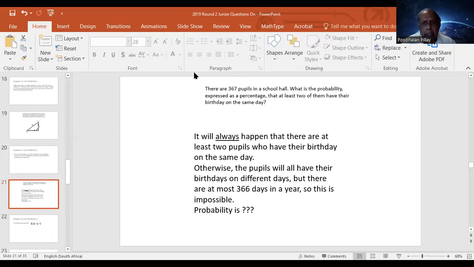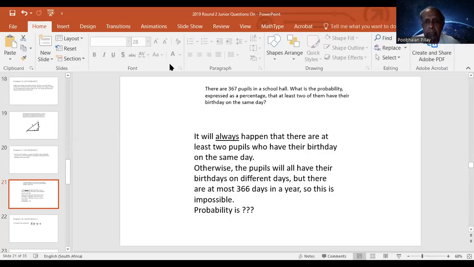All right, I've written down something here. Here's a statement. It will always happen that there are at least two pupils who have their birthday on the same day. If you've got 367 pupils, there will always be two people who have their birthday on the same day. Now this is a kind of logical argument. They say otherwise.